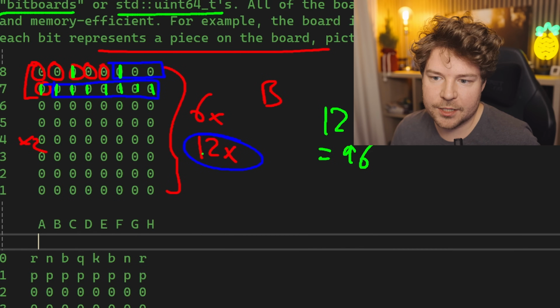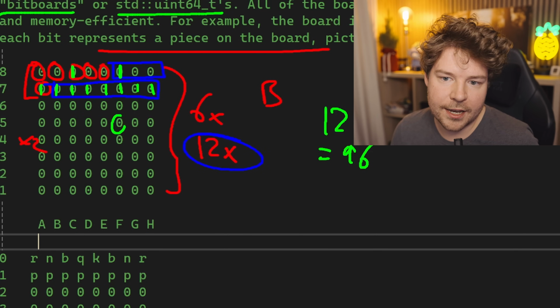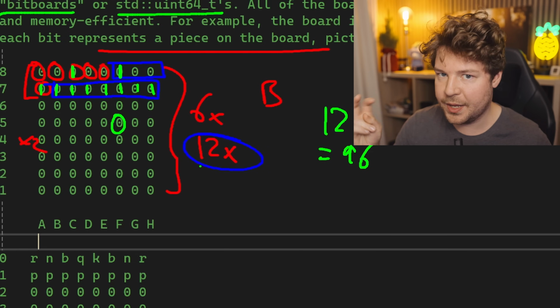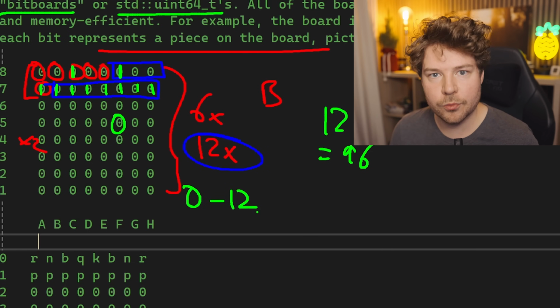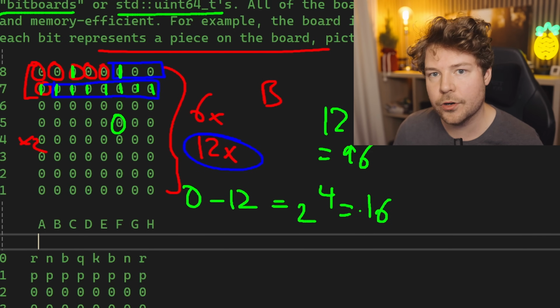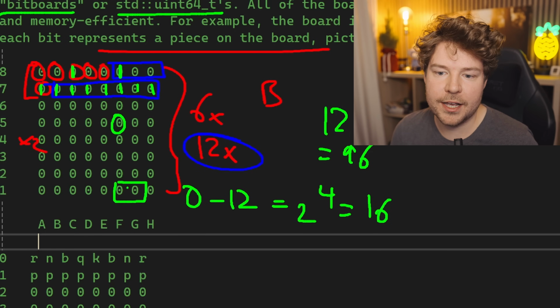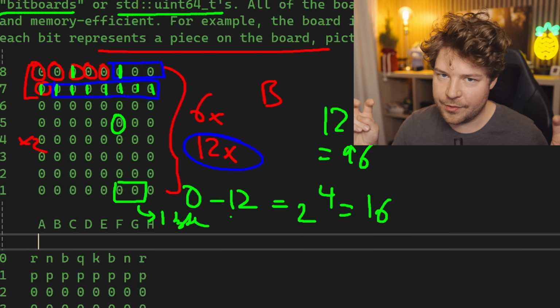Well, ignoring duplicates, we know we have 12 unique pieces for both sides on the chessboard, and then of course an empty square is also a type of piece, if you will. So then we have 13 possible values, or an ID from 0 to 12, which could be represented in 4 bits. Because 2 to the power of 4 is 16, that's the closest power of 2, rounding up of course, so that would mean that 2 squares could be represented by 1 byte of data, or each square by half a byte, 4 bits.